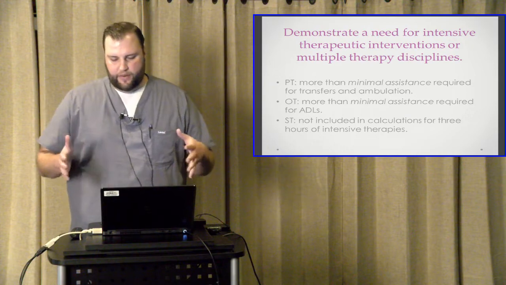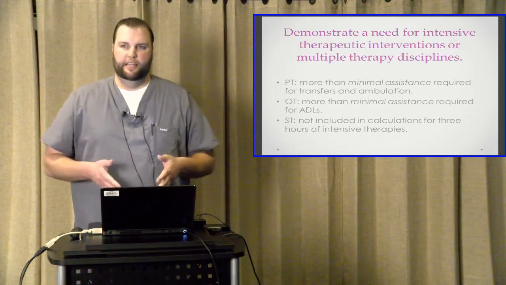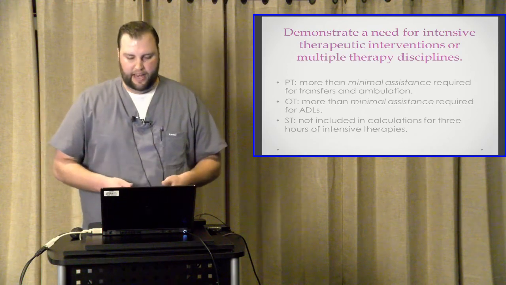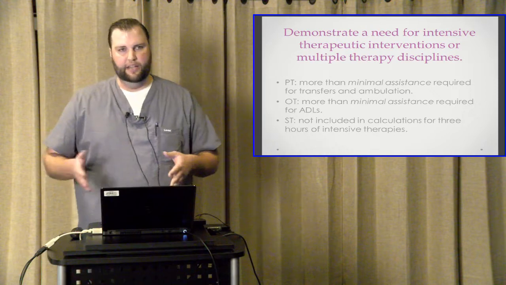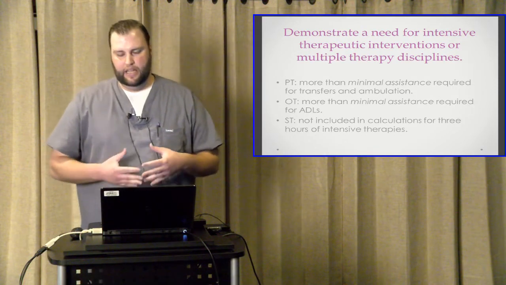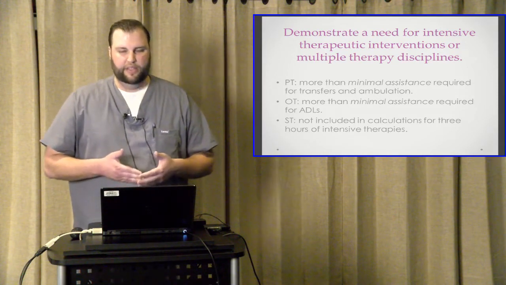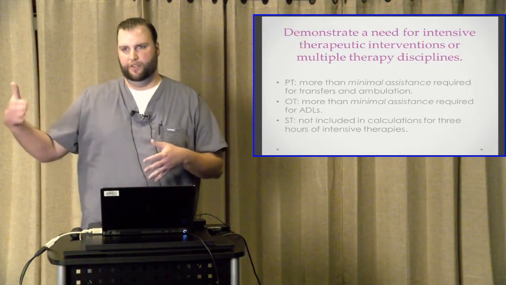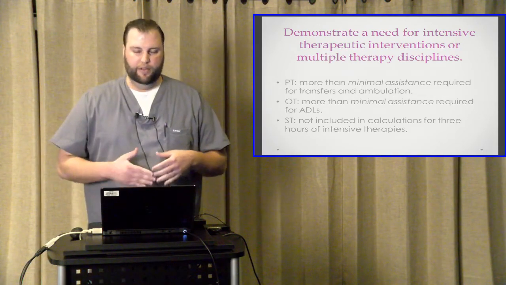There are lots of gradations in the middle: min assist, mod, max, total, dependent. All those are different gradations of how much care the patient needs. To qualify, they have to have min assist or functionally worse FIM scores in order to come.